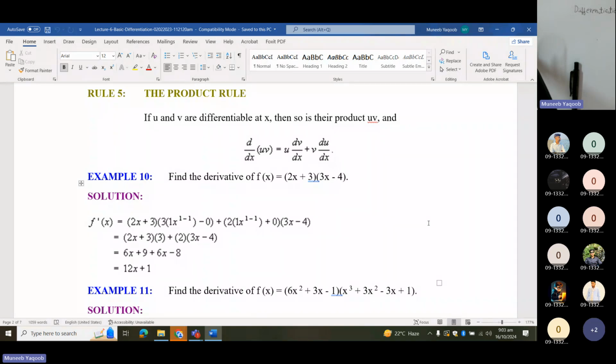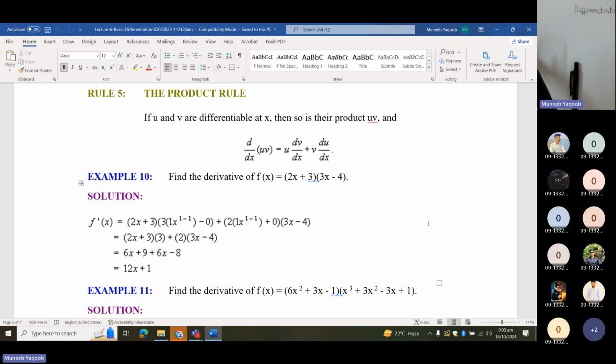Now, if we are to calculate the derivative of this function, we will take 2x plus 3 as it is. So we will write 2x plus 3 in place of u, and then we will find the derivative of 3x minus 4. The derivative of 3x is 3 times x power 1 minus 1, while the derivative of minus 4 is 0. Now we will write plus, as in the formula.